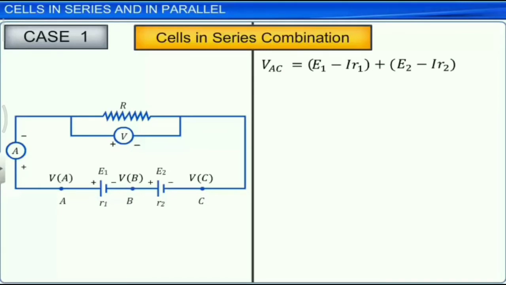We can separate E1, E2 and R1, R2: VAC is equal to E1 plus E2 minus I into R1 plus R2. That is equation 3.